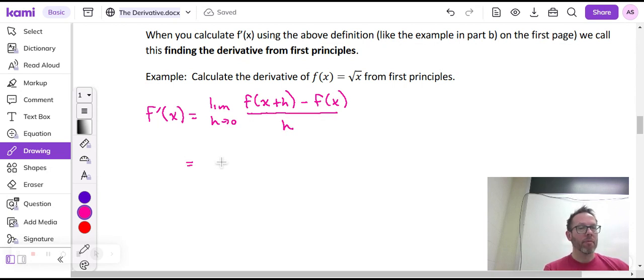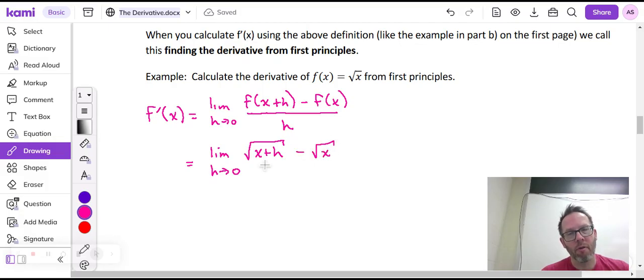Then we'll plug in the stuff that's specific to our function. So we have the limit as h approaches 0. f at x is root x. f at x plus h would therefore be the root of x plus h. Then we'll subtract f at x, which is root x, all divided by h.